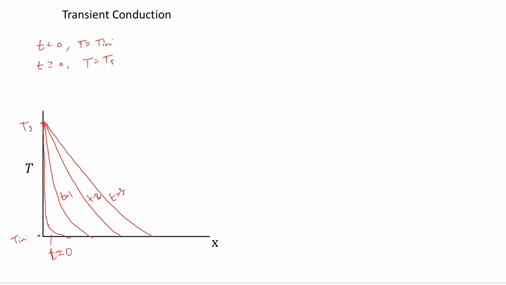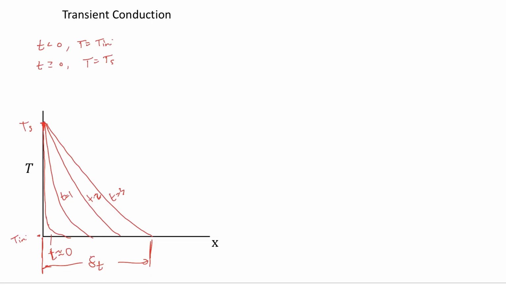So this thermal wave as a function of time is growing into the body. We can talk about a few things in this. This length here, let's draw this length down here. The length that the temperature wave has penetrated into the surface, we're going to call that delta, lowercase delta t. Okay, so that's the thermal wave depth.